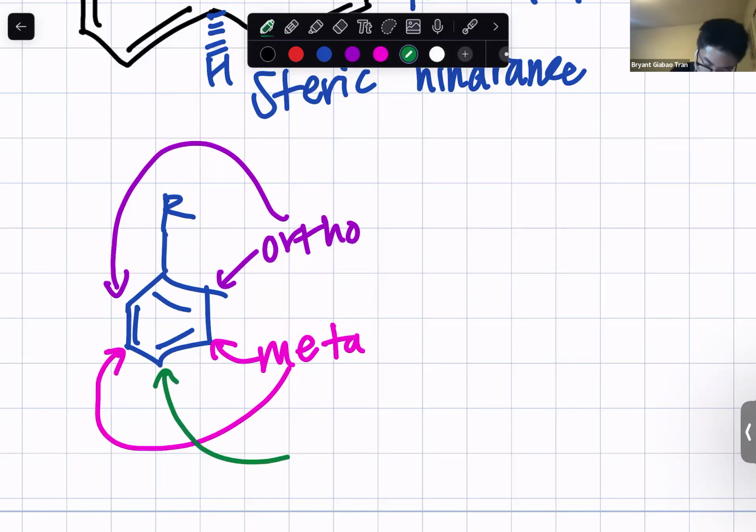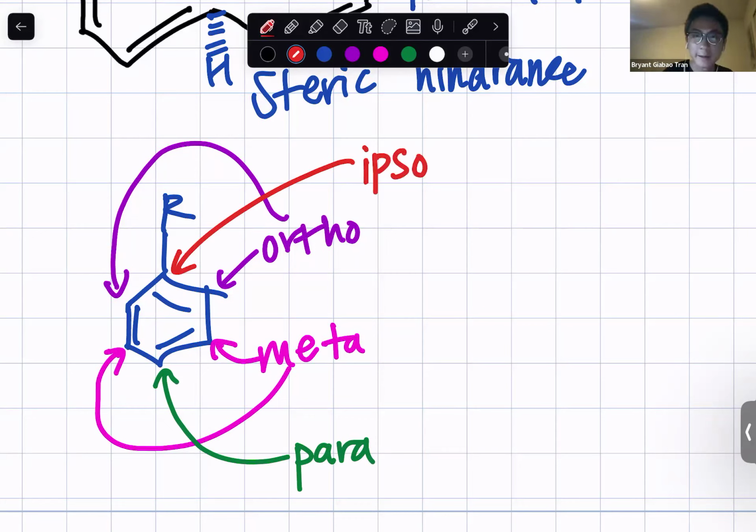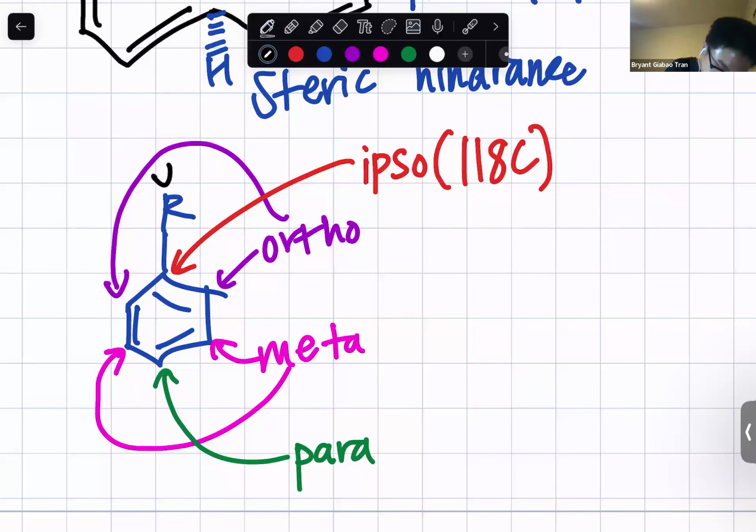The one parallel to that substituent is the para position. And in 118C, the carbon directly holding the substituent is called the ipso position. It's more for 118C. And this is any kind of random substituent, any group.